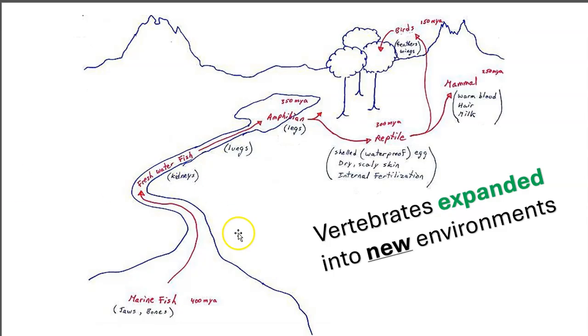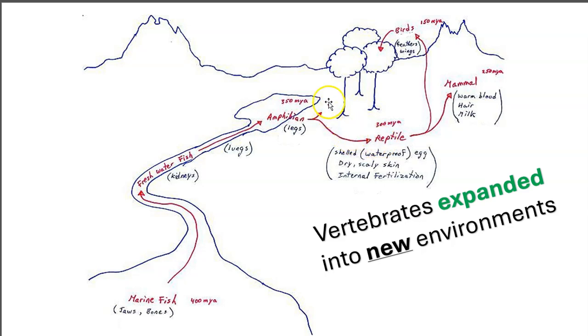And here we want to think about the idea that vertebrates for the last 500 million years were just expanding into new environments. Starting with the first fish, the first vertebrates in the oceans. They then colonized the freshwater habitats and evolved new adaptations. And then with the evolution of lungs and limbs, we get the transition onto land. So the amphibians now can live on land, but they're still tied to the water for reproduction. But then we get the evolution of new adaptations in the reptiles.